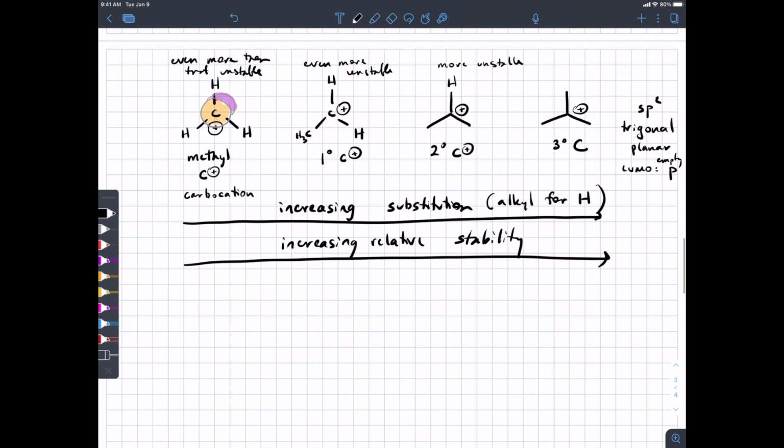Now, there are two different reasons why. The first has to do with the fact that sp3 carbons are less electronegative than sp2 carbons. The reason for that is because orbitals with more s character hold their electrons closer and tighter to the nucleus, and that is where we get electronegativity from.